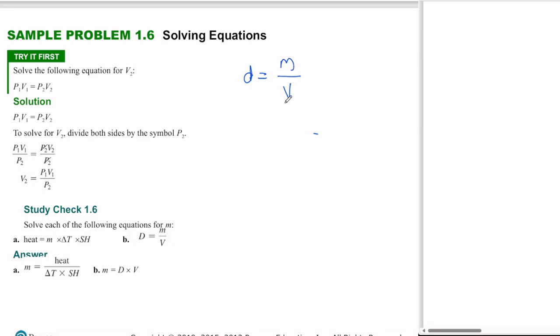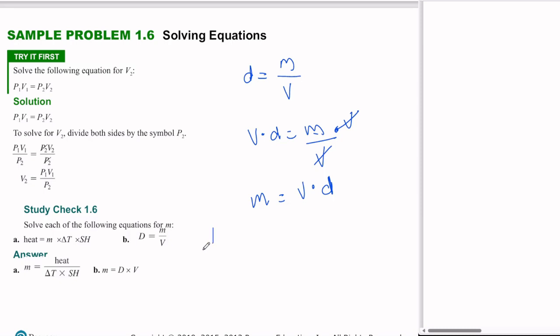So if we want to get M on a side by itself, we need to multiply both sides times V. V times D is equal to M, divided by V times V. V divided by V is 1, so we have M is equal to V times D. We can just put the M on the left and the V times D on the right because they are equivalent. If you don't understand how to isolate these variables, go back and review fractions.